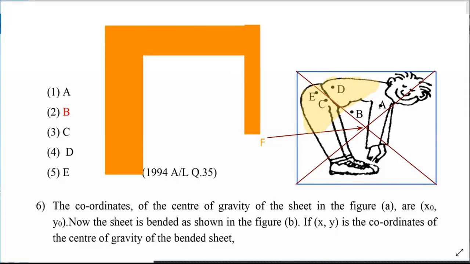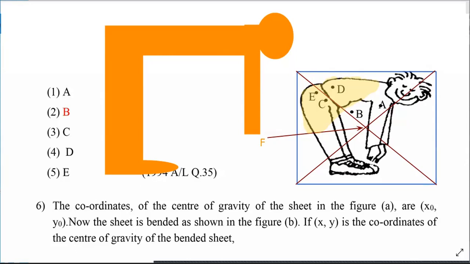So this is how I drew the boy. This is the boy that I drew when I was a student.